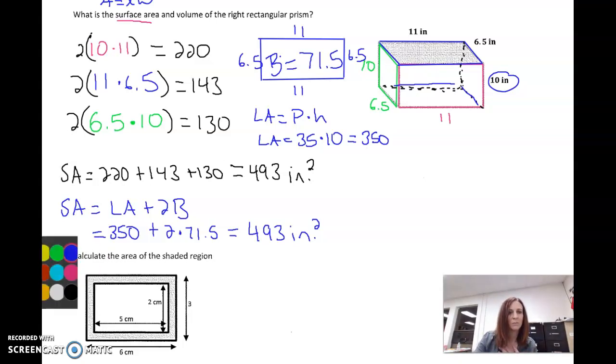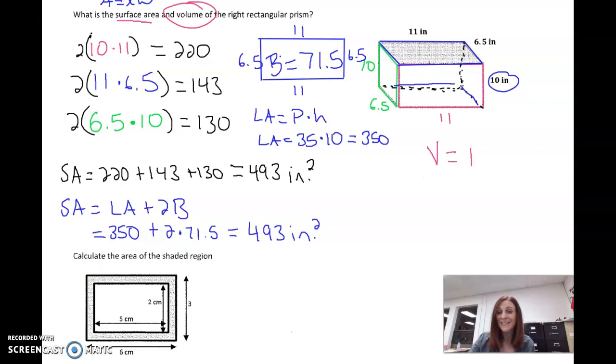Now, let's find volume. The volume formula is the area of the base, there's a capital B again, times the height. Maybe I should remind you of that. Area of base: what is the shape of the base?